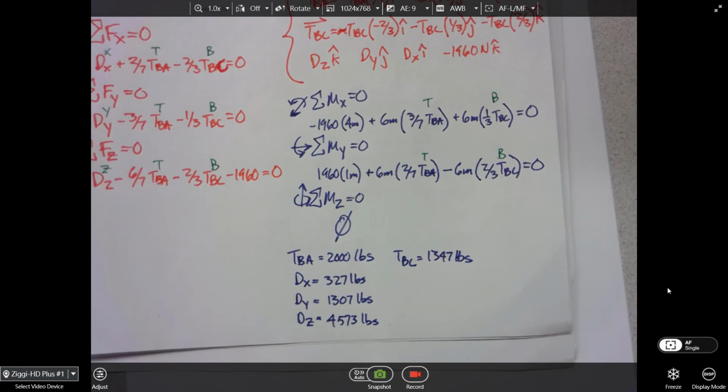So do some problems from 5.62 all the way up to 5.85. Pick some problems in there and do them, okay? Pick whichever ones you want. The one we just did is 5.70. But pick some problems in there. Do 3 or 4 until you feel pretty good about it.